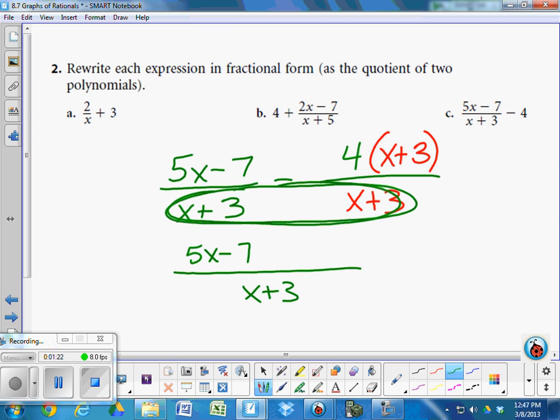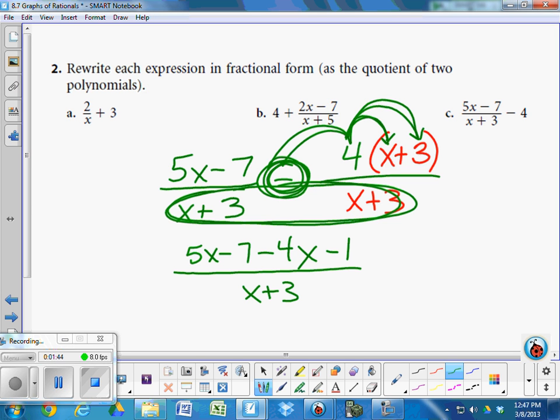Now the key here on top is to understand that you're not only going to have to distribute this 4 for the second piece, but you're also going to have to distribute this negative sign. You're subtracting 4x, and you're subtracting 4 times 3. So what are you subtracting? 12.